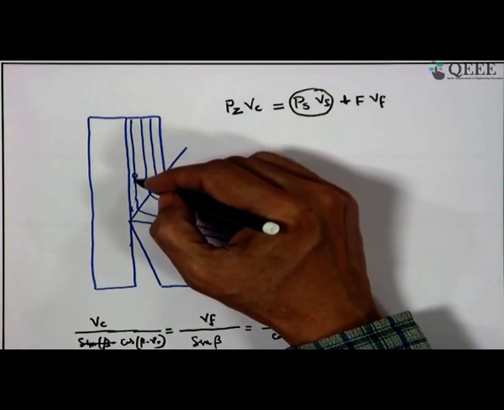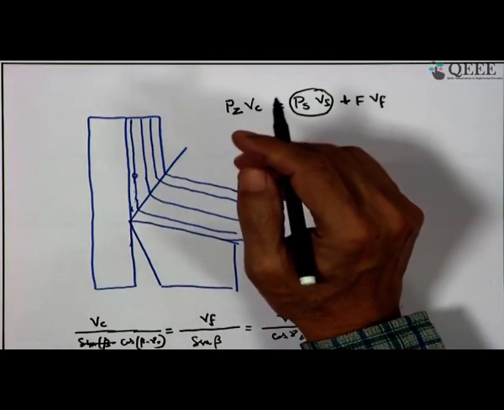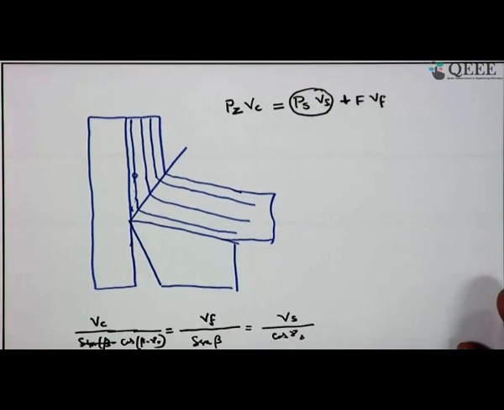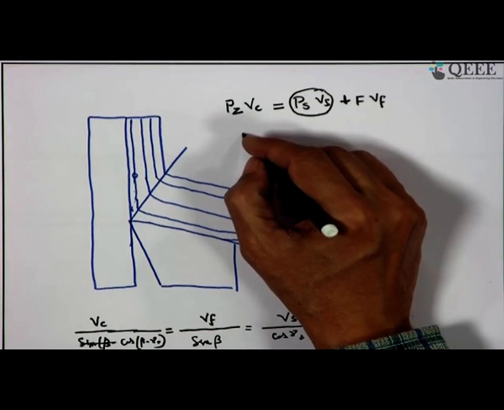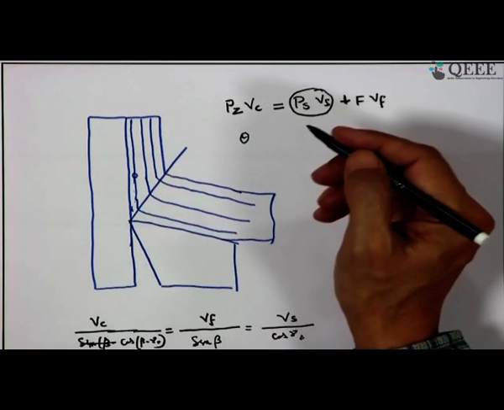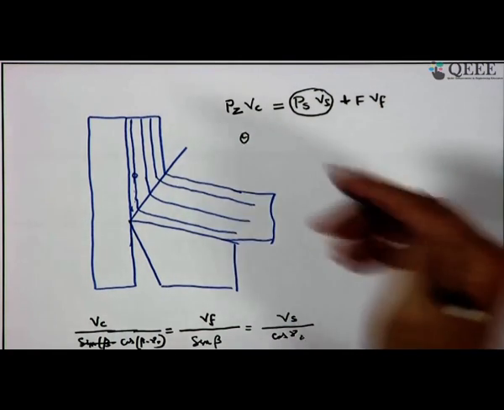So, when this thing approaches, finally you have a shear zone temperature, which will be given by theta s. I mean the rise of temperature, because you have to consider the ambient.